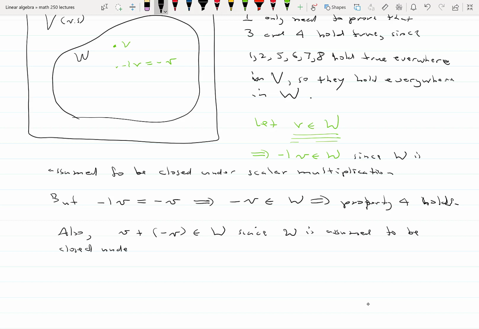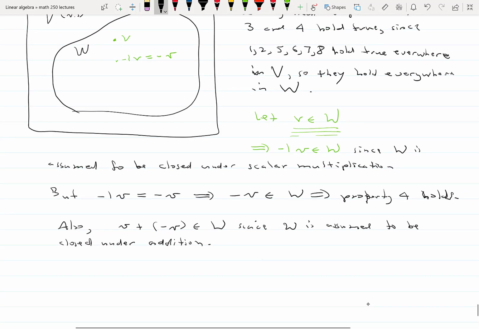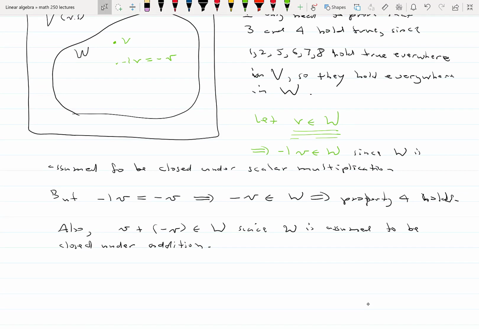under addition. We're only assuming 2 things hold true about W. Well, 3 things really: W was non-empty, and I have closure under addition and scalar multiplication. In the first part, I showed that if I take an element V out of W, the opposite of V is stuck in there.